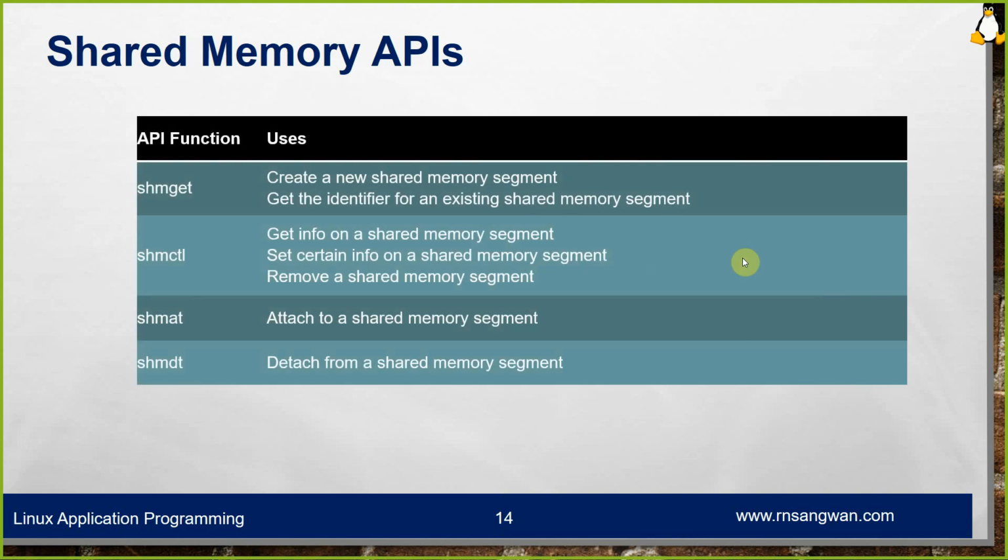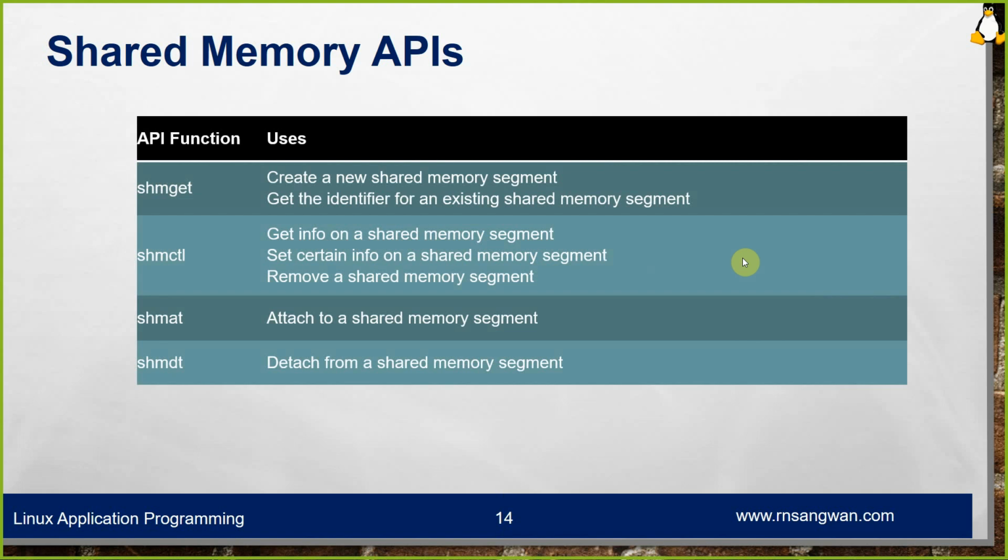The API has these functions: shmget, to create a new shared memory segment or get the identifier for an existing shared memory segment. shmctl, to get info on a shared memory segment, set certain info on it, or remove it.